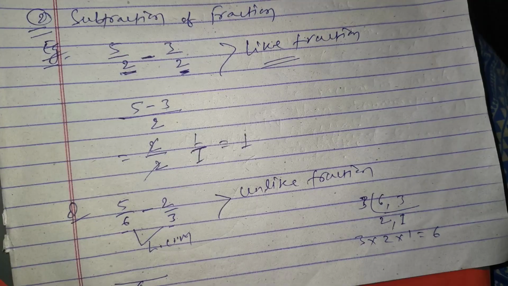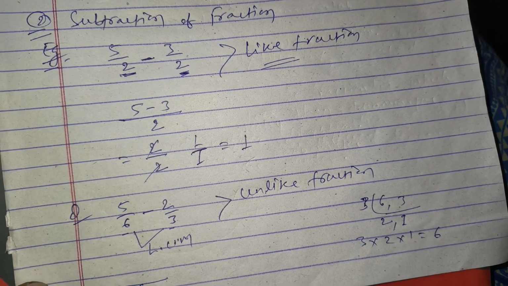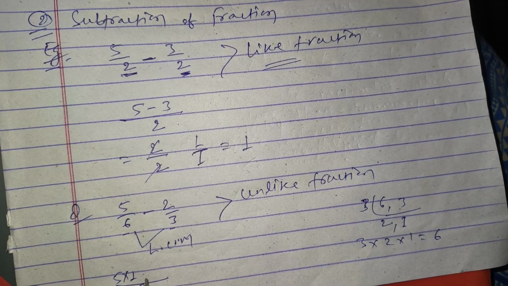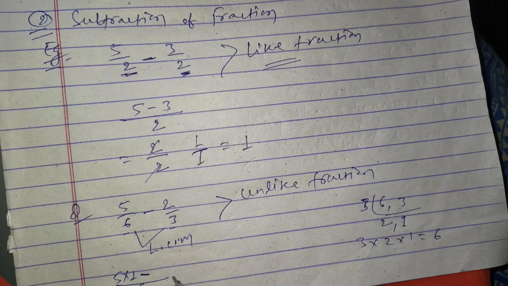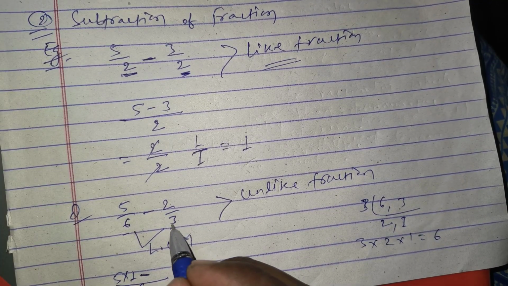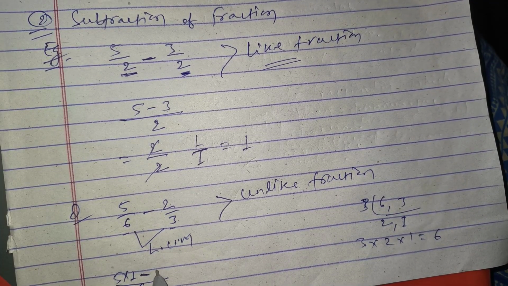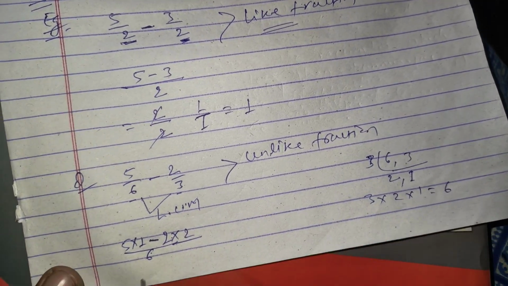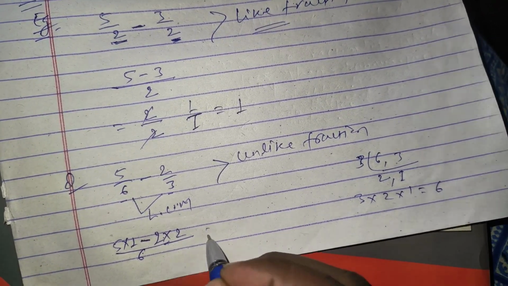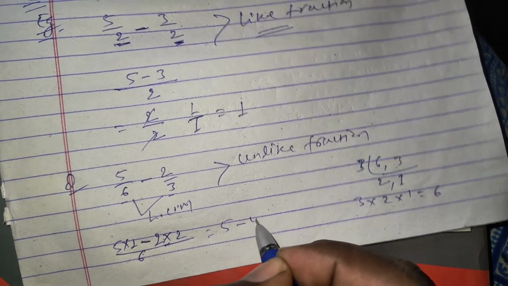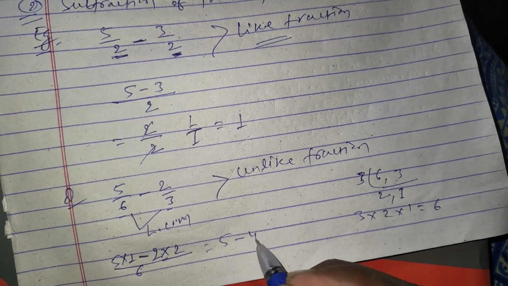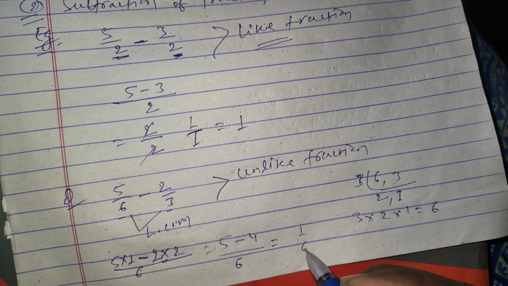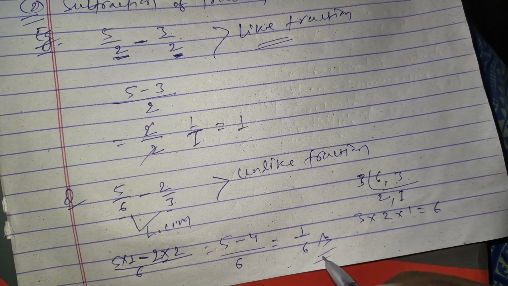Divide the LCM by each denominator and multiply with the numerator. 6 divided by 6 is 1, and 5 into 1 is 5. The sign is negative, so we keep the subtraction just like addition. 6 divided by 3 is 2, so 2 into 2 is 4. So 5 minus 4 over 6 is equal to 1 by 6. This is the answer.